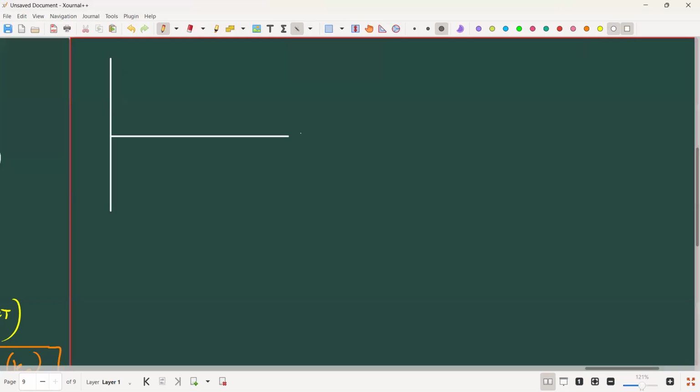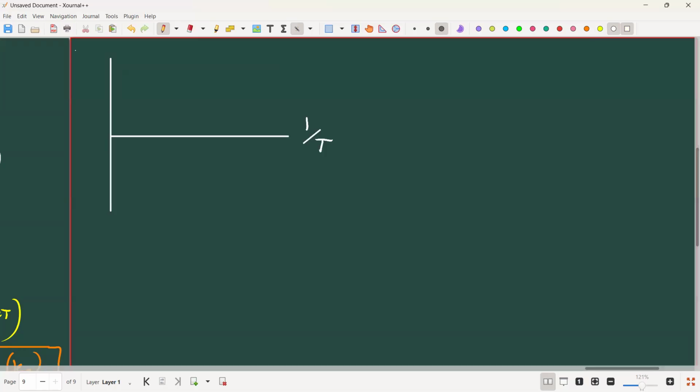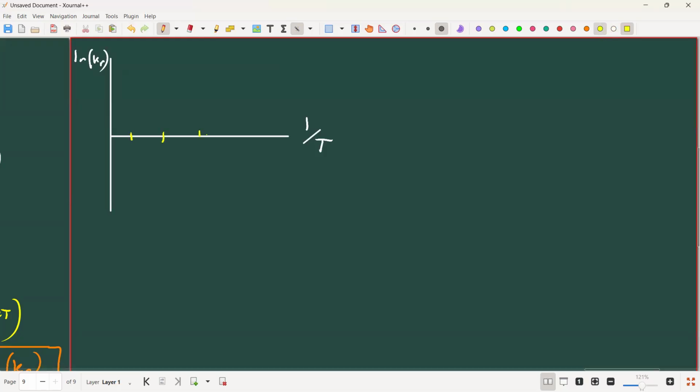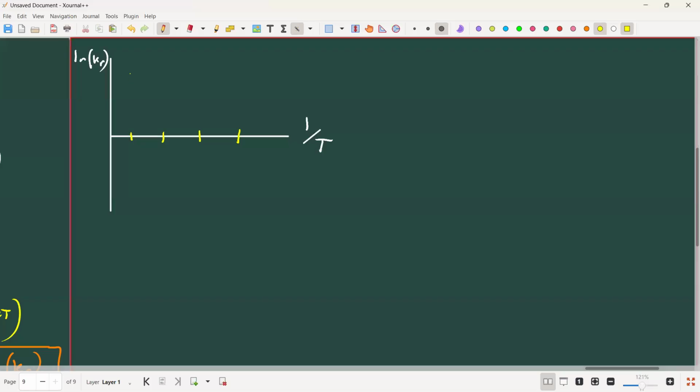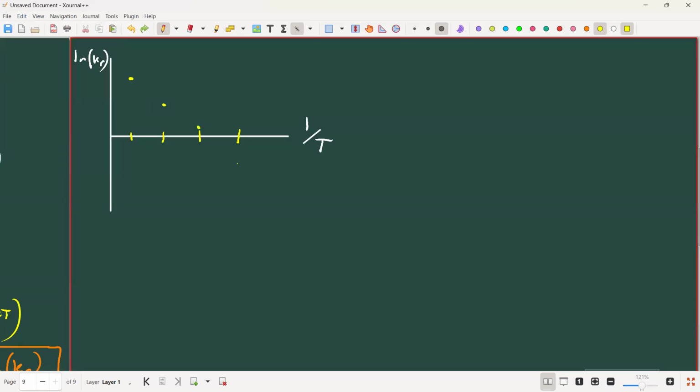So I can take 1 over T for all my data and plot, as a function relative to it, the log of the Kr that I'm measuring at each of those temperatures. Maybe I have a couple temperatures here. Right, and what I find is that these correspond to some rate, different rates.